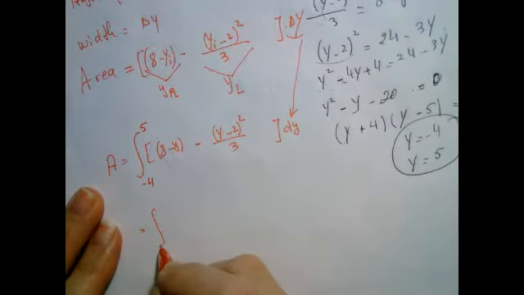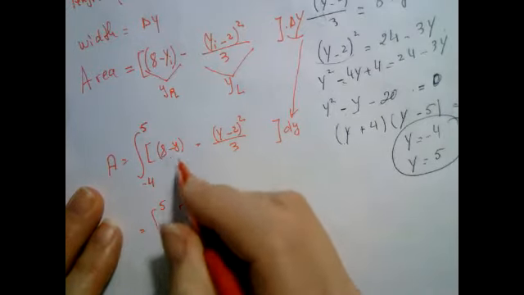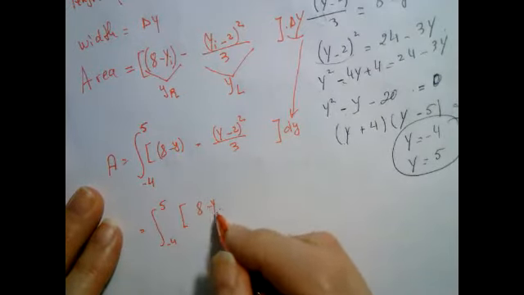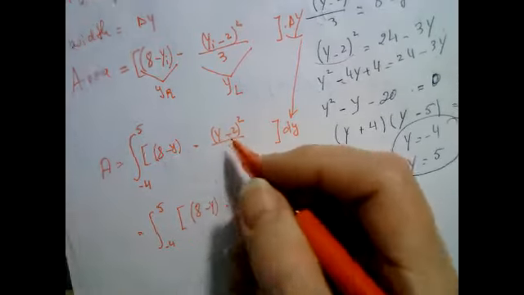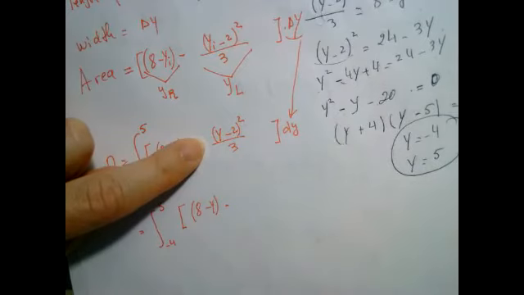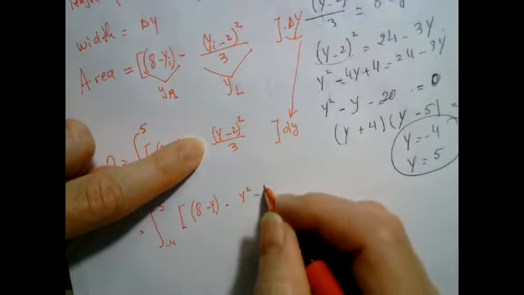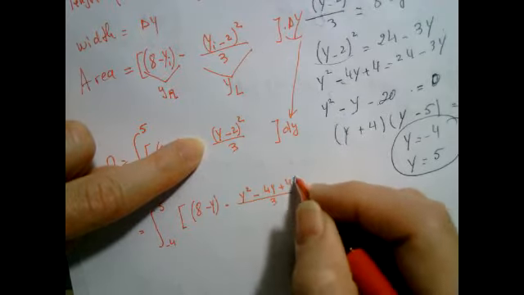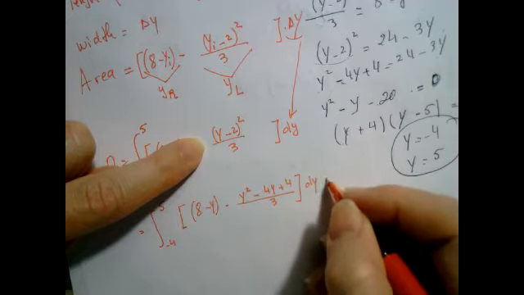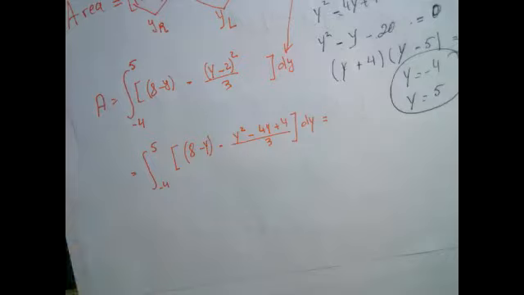I will get you started and you will finish. 8 minus y, that's very easy. Minus, to be able to integrate this quantity, one way to do it is expand it. So when I expand it, I will get y squared minus 4y plus 4, the whole thing over 3, dy.